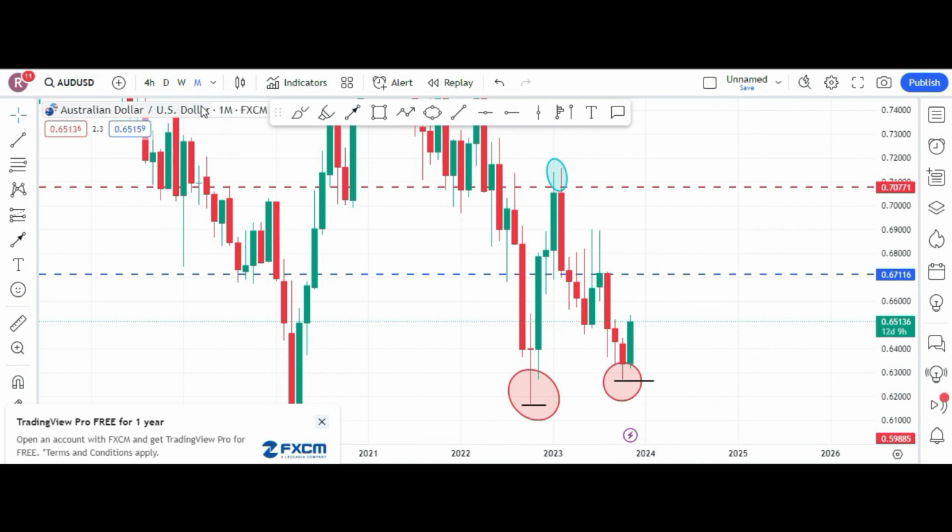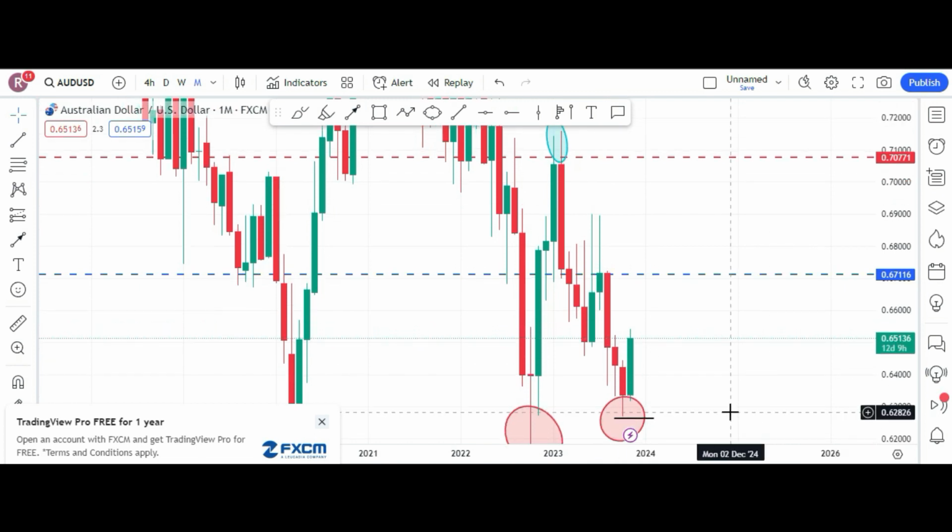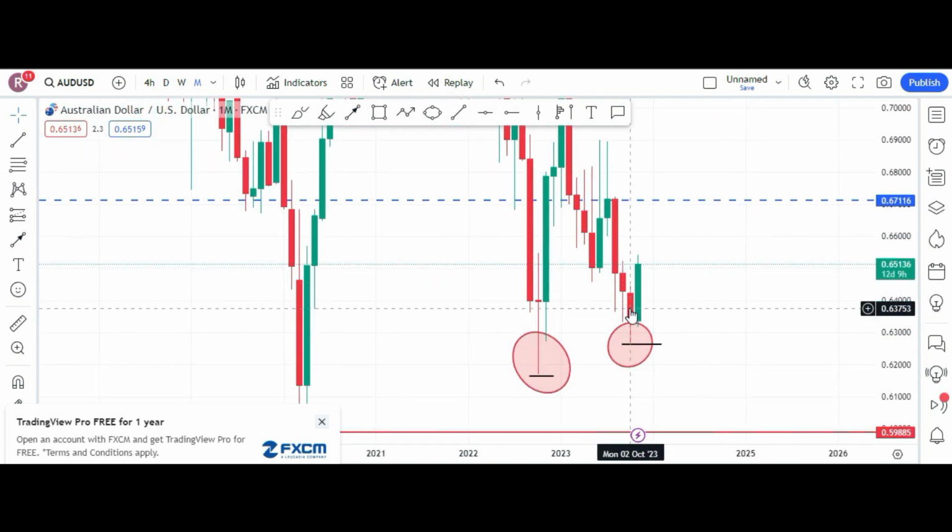Now let's go to the weekly time frame. By the way, we have a pretty good bullish candlestick here, which has almost covered the last 2 months. I mean the September and October candlesticks have been covered by the 18 days of November candle.